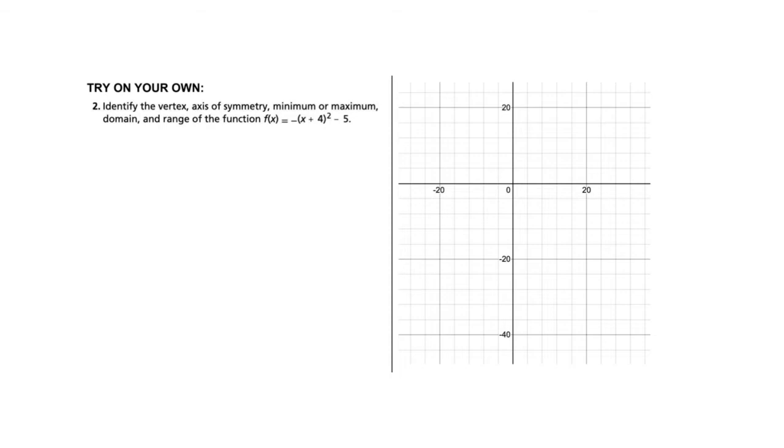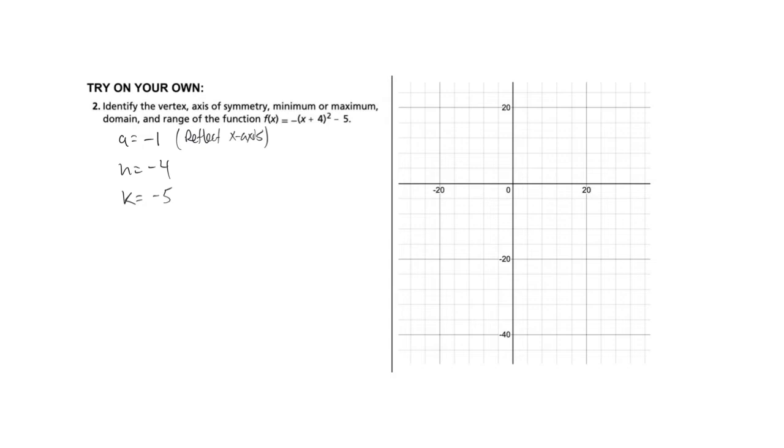Now, this question I'd like you to try on your own. We can just kind of start it. So our a is -1, so remember that's a reflection over the x-axis. And then we have h of -4 because it's x minus -4 to get x plus 4 there, and a k of -5.